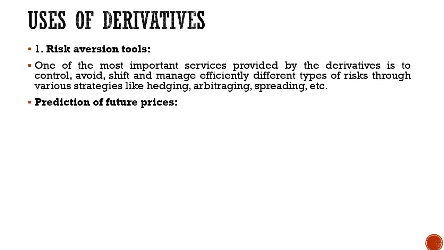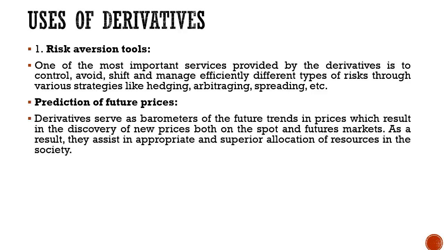Next, prediction of future price. Derivative serves as barometer of the future trends in prices, which result in the discovery of new prices both on the spot and futures market. So as a result, they assist in appropriate and superior allocation of resources in the society.